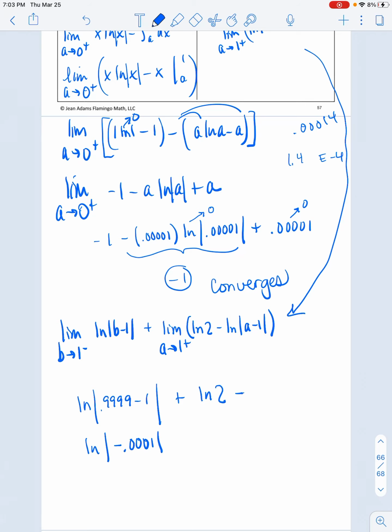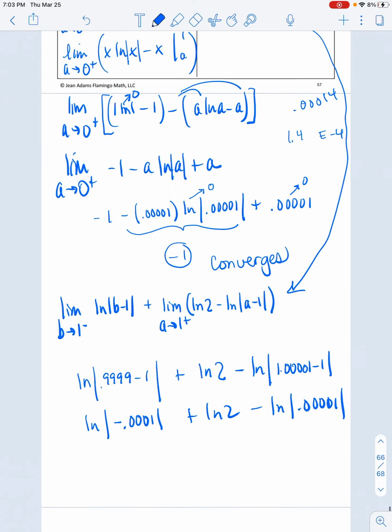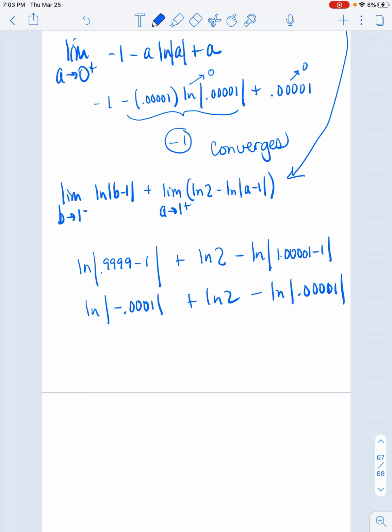And then this one is going to be ln 2 minus ln absolute value of 1.00001 minus 1. Okay, so plus ln 2 minus ln absolute value 0.0001. Let's just take it so that they're similar. But they don't have to be, though. Maybe we shouldn't make them similar. Maybe we should make them like that. Okay, because they might not be.